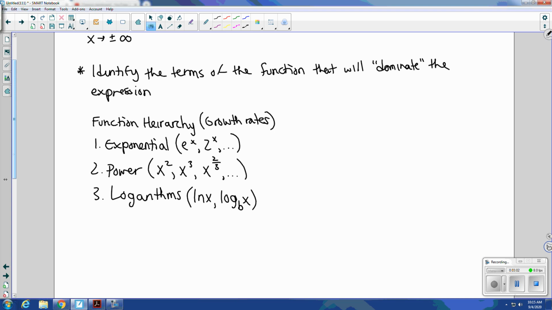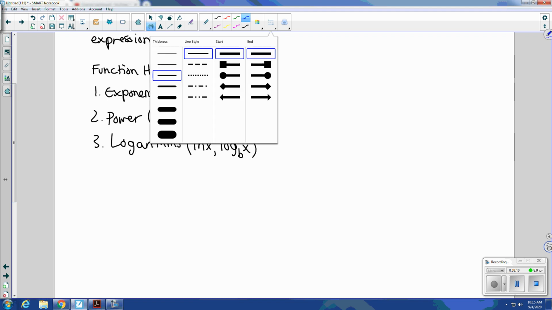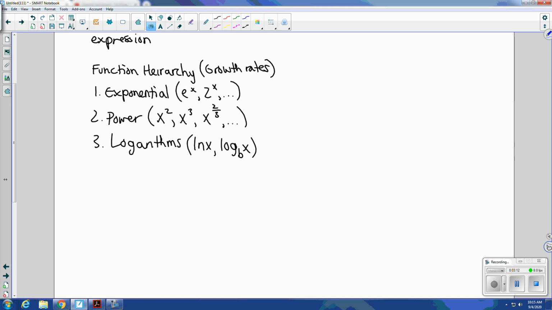What we also want to take note of is that one of the results that could happen when we do this evaluation reveals to us an important aspect of our function's graph, and that is the horizontal asymptote. These will occur if, upon evaluation of the limit as x goes to positive or negative infinity, we get some constant value.